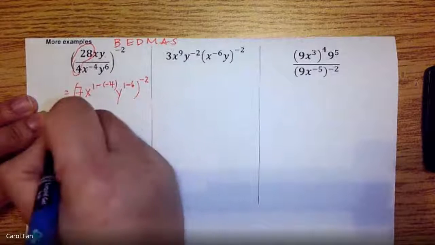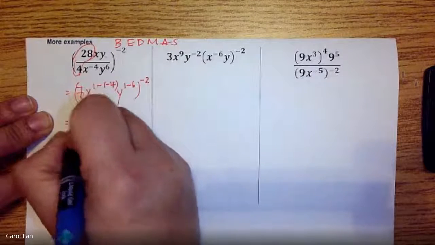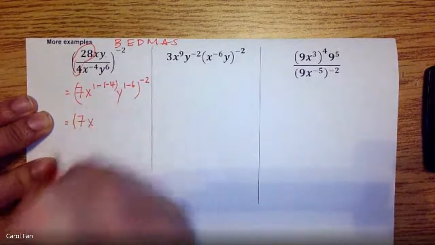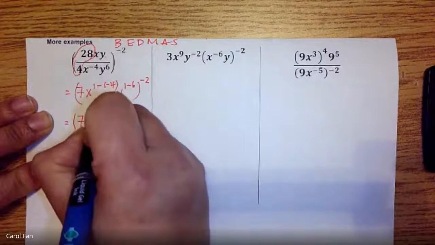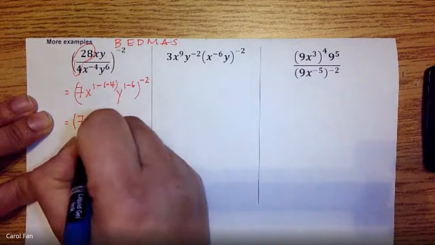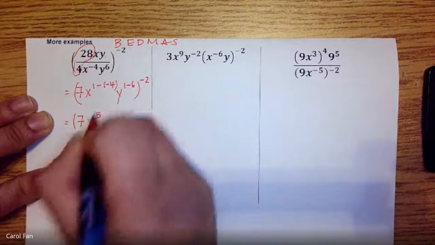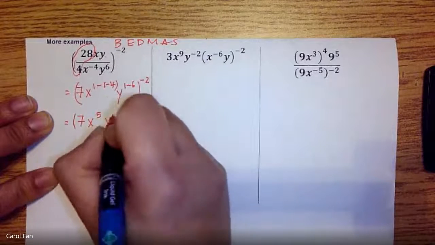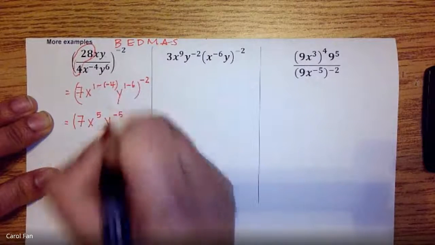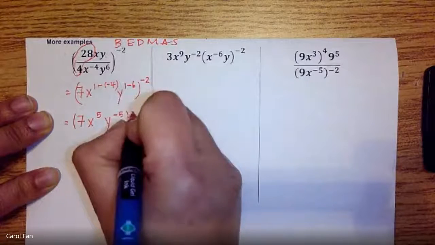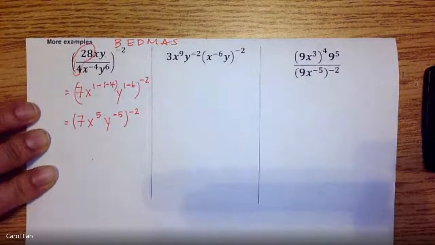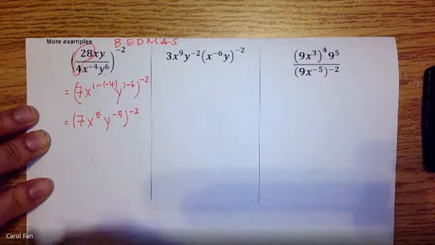So let's simplify. I'm going to rewrite it: 7 times x to the power of -3, and I have y to the power of -5, and this is raised to the power of -2.